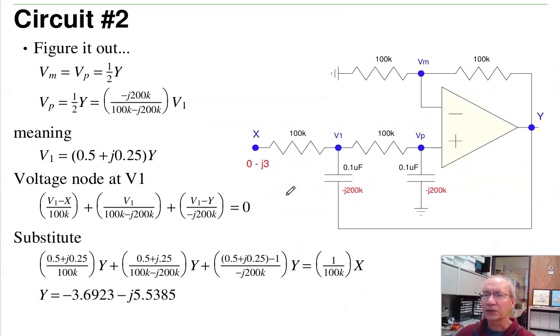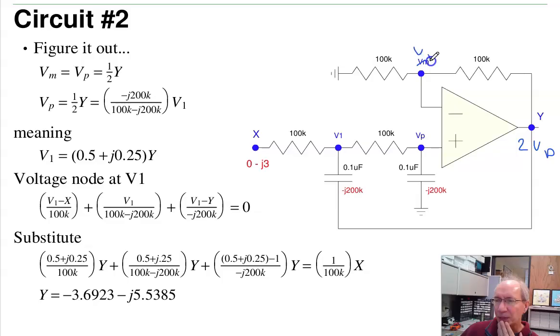Another way to solve it is to try to figure it out. This is a little bit trickier. I know at this point, looking at this circuit, this is a non-inverting amplifier. So Y is 2 times Vp.